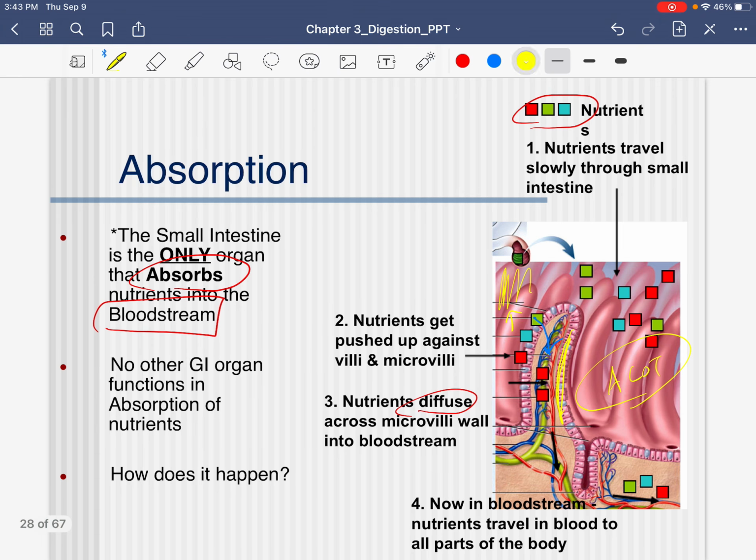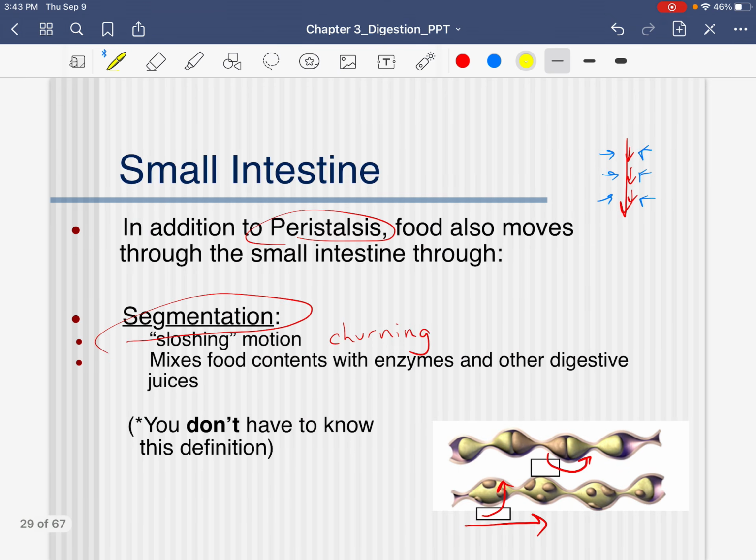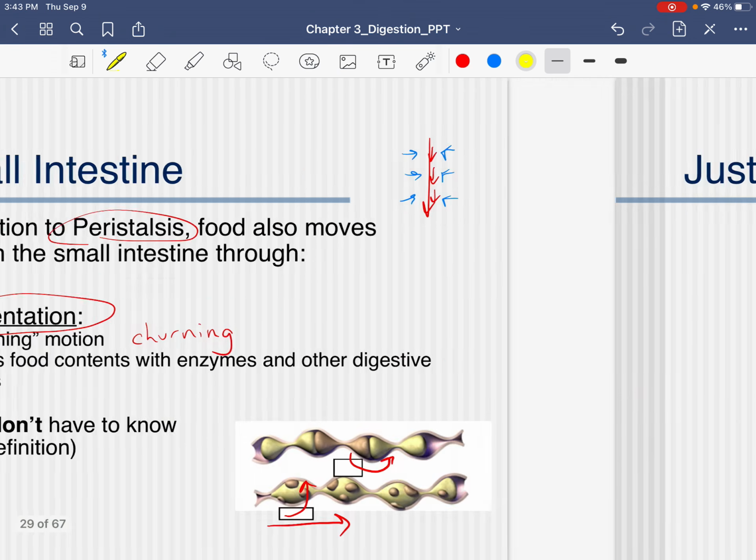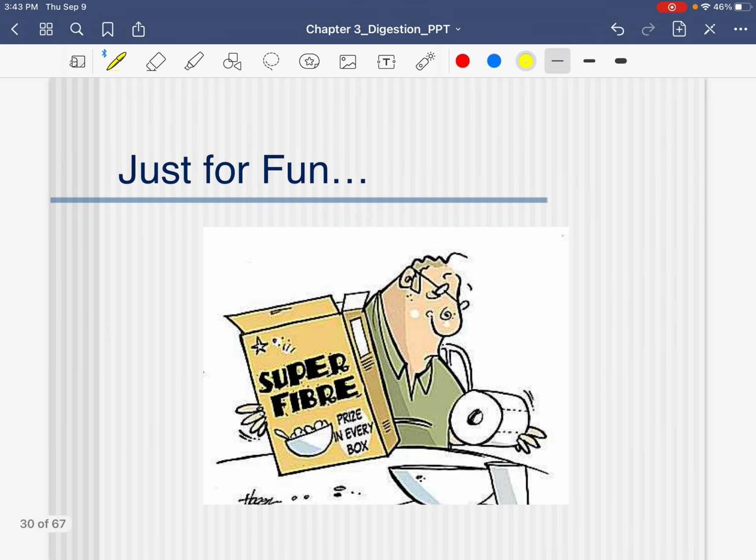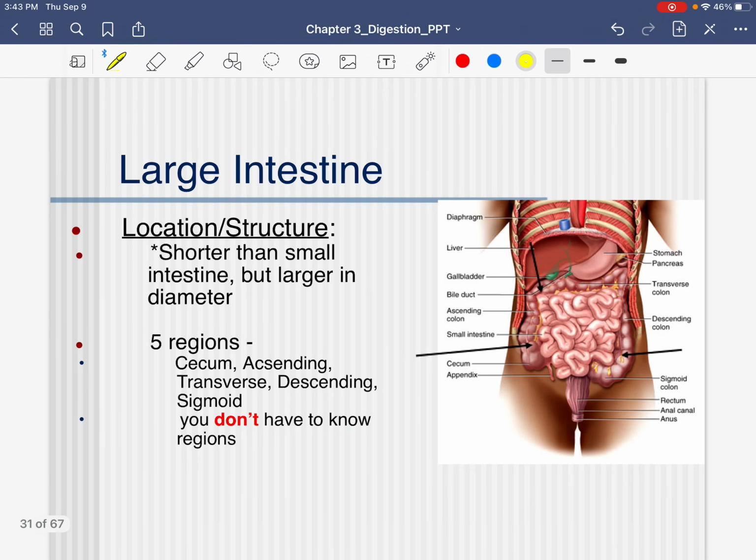And the benefit of twisting, that turning, is that it really smushes, that's a technical term, it really smushes all these nutrients up against the villi. So that churning really pushes all of the food stuff up against the walls of the villi, and that really helps us diffuse, to absorb that food into the bloodstream.